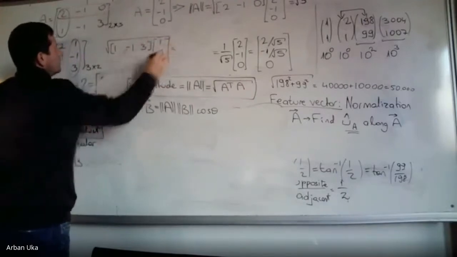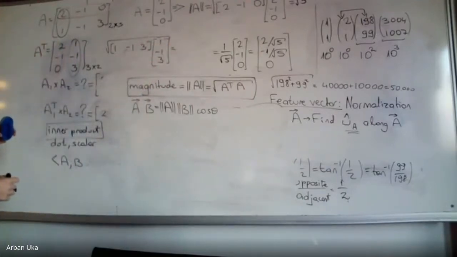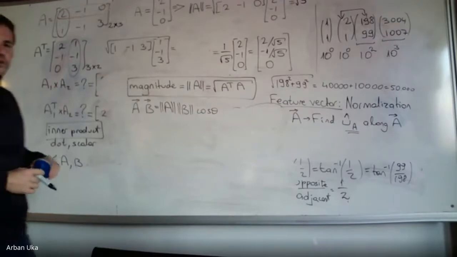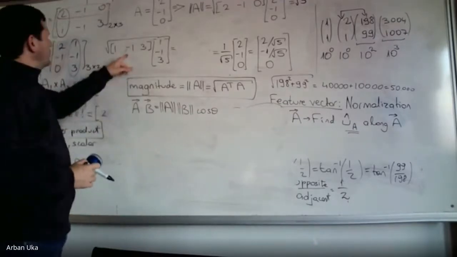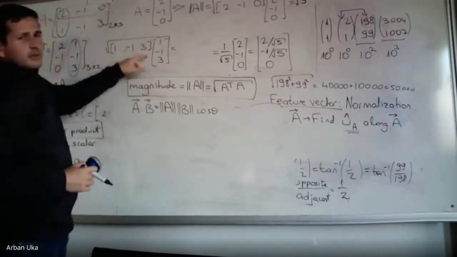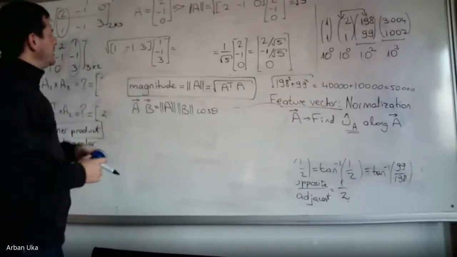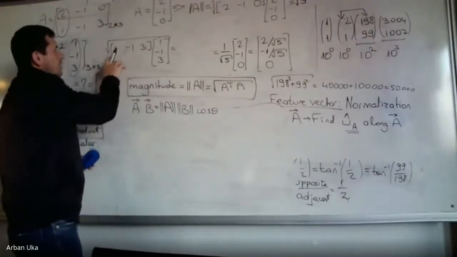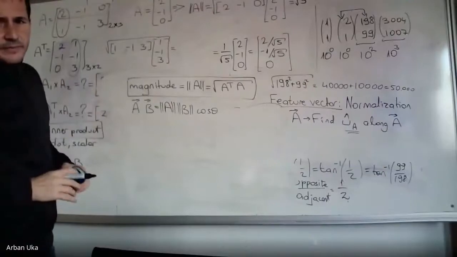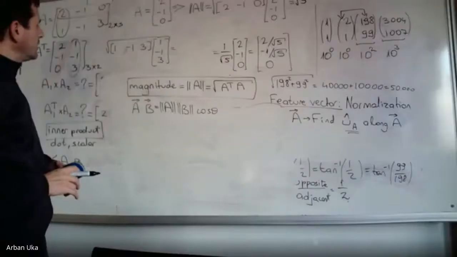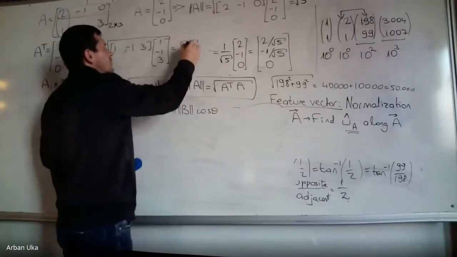What do we get here? Let's not forget, this is the inner product of the same vector with itself. Claudia, what do you get after this? Square root of 11. Okay, that's true. So this is the square root of 11.